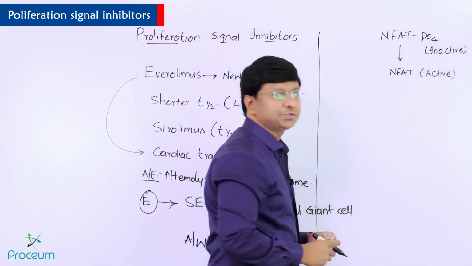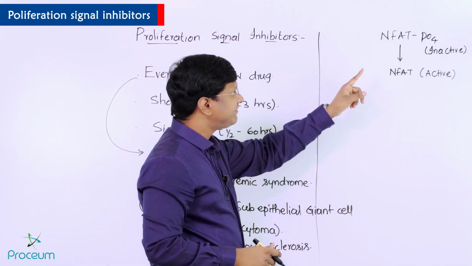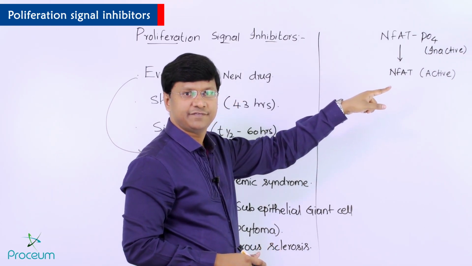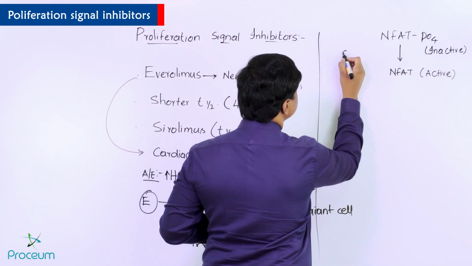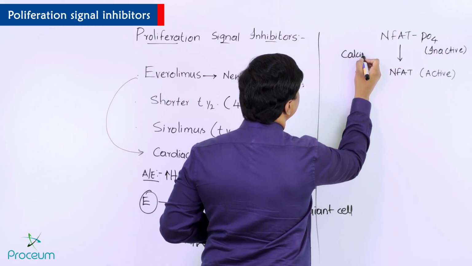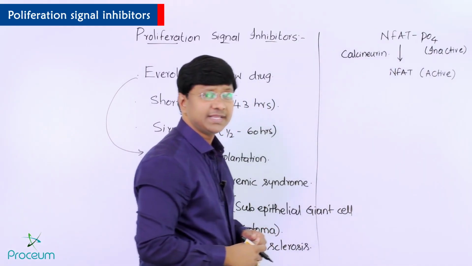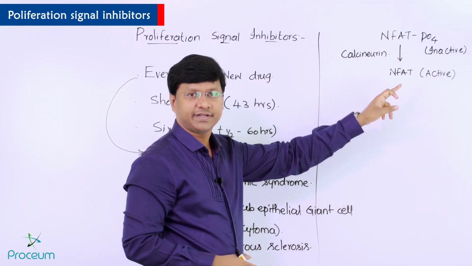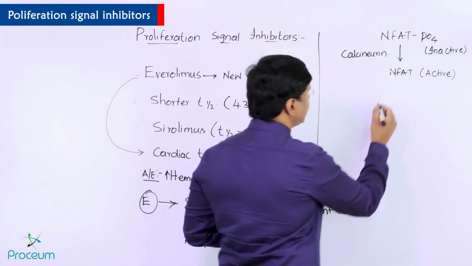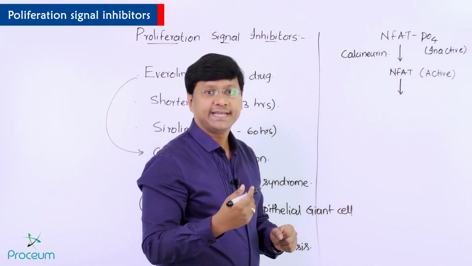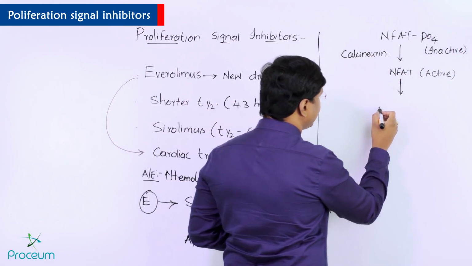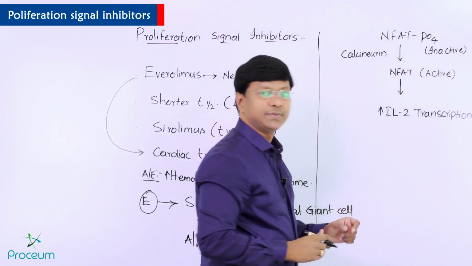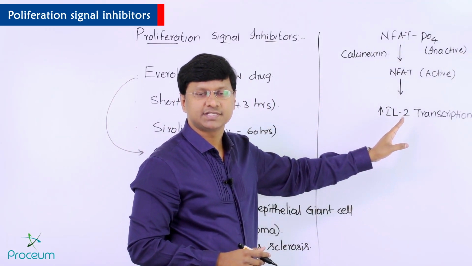A point you should remember here is that NFAT phosphate is converted into NFAT in the presence of a substance called calcineurin. Now this NFAT, nuclear factor of activated T cells, will increase the interleukin 2 transcription.